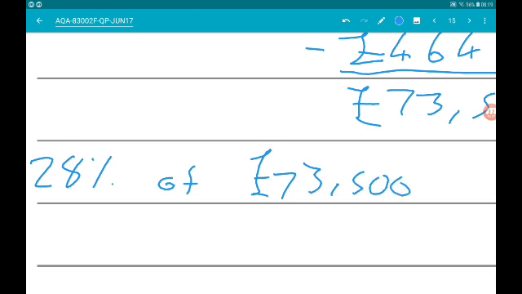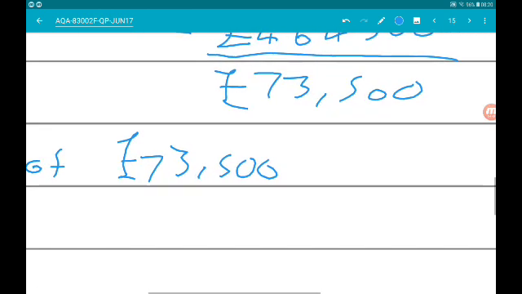Now again, you can put in 28% times 73,500 or 0.28 times it. So that's going to give us 20,580.